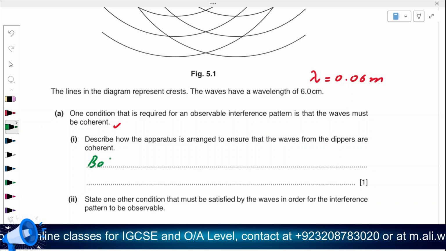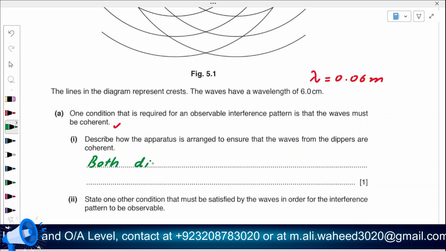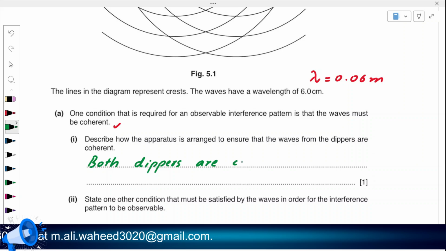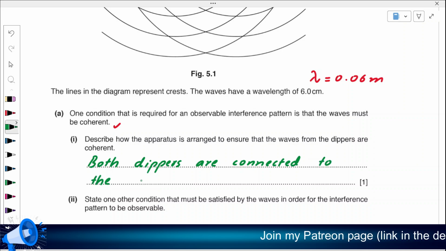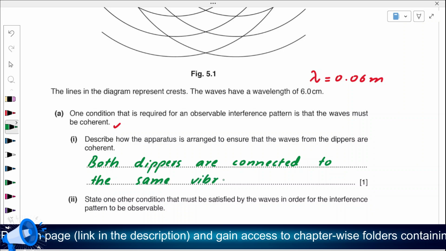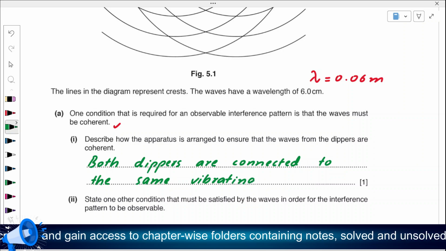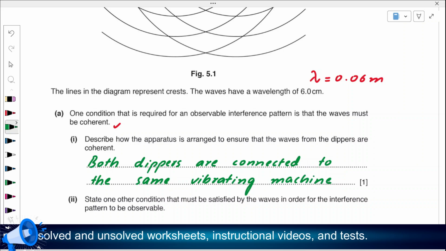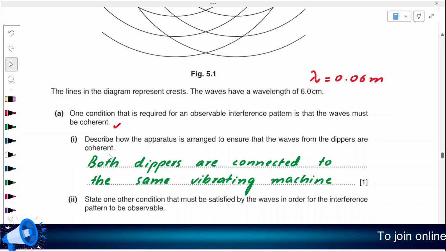So both dippers are connected to the same motor, or you can also call it the same vibrator, which means the same thing, but you have to use the vocabulary words or the key terms in physics.